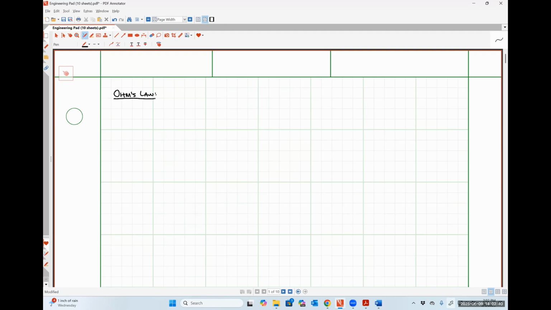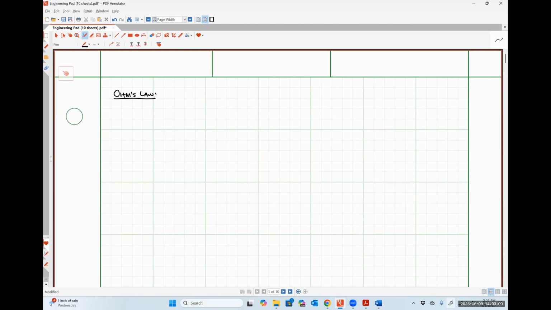Way back in the 1840s, if I'm not mistaken, a physicist by the name of George Simon Ohm carried out a series of experiments. And I'm going to draw a simplified representation of what those experiments look like here.